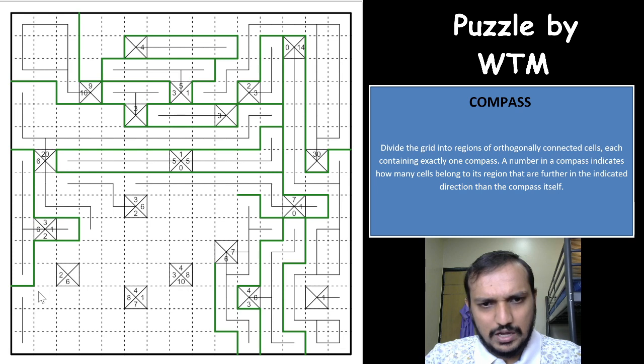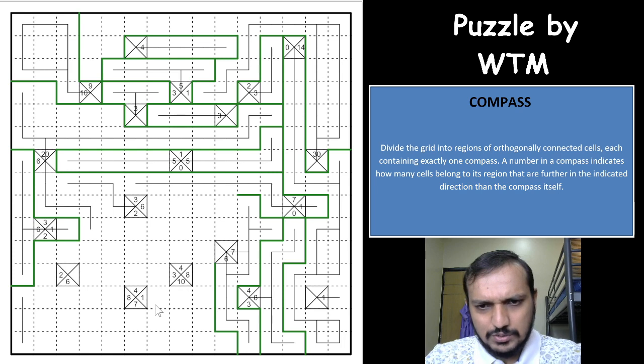How many cells do we have in the last 3 rows? Because these 3 are taken by this 6 clue. I am not sure if there is one more cell or many cells that are taken by this 6 clue, this region here. But I do have 1, 2, 3, 4, 12, 12 plus 7, 19, 22.